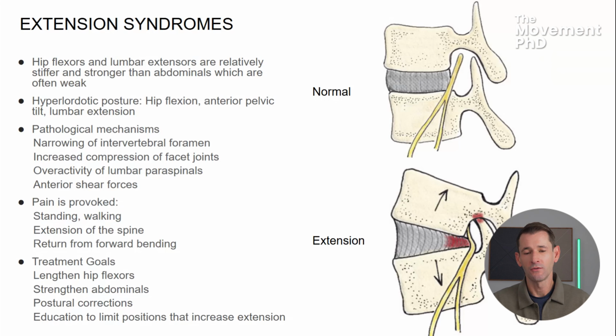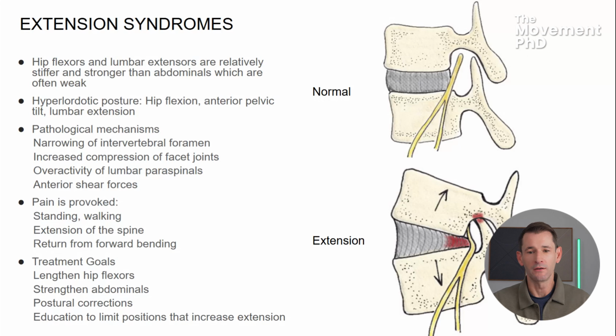So we're going to get an increased loading to those facets. So they're more likely to have degenerative changes, such as a facet joint arthropathy. We're going to get, again, compensatory overactivation of those lumbar paraspinals, so they can cramp, they can get strains, sprains, and other things like that.